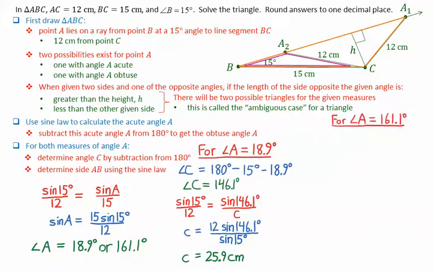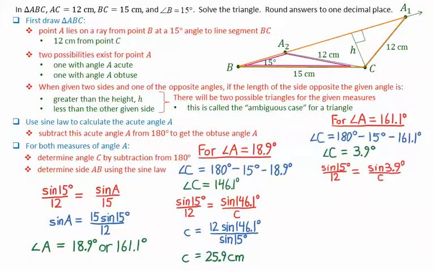We then have to do the exact same thing for the obtuse angle A, 161.1 degrees. Again, we subtract from 180 degrees 15 degrees, but this time 161.1 degrees. This gives angle C equals 3.9 degrees.